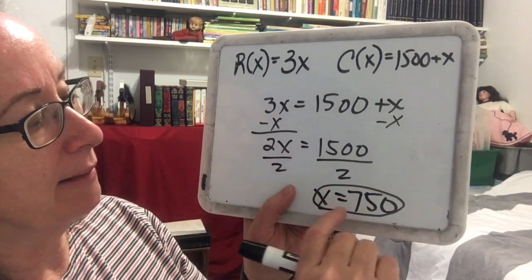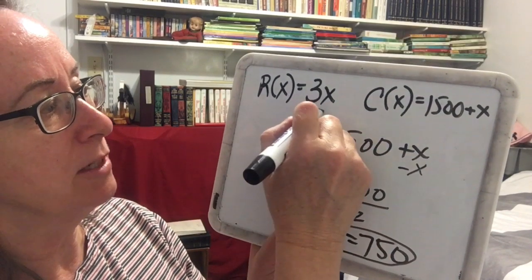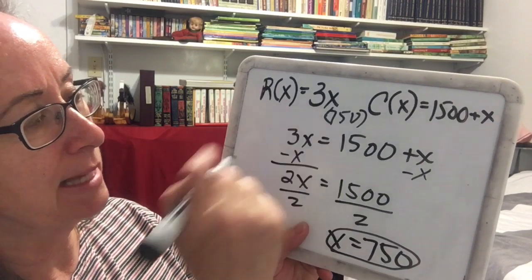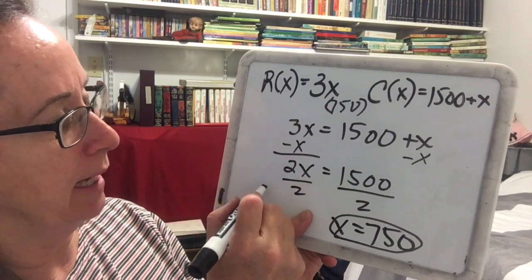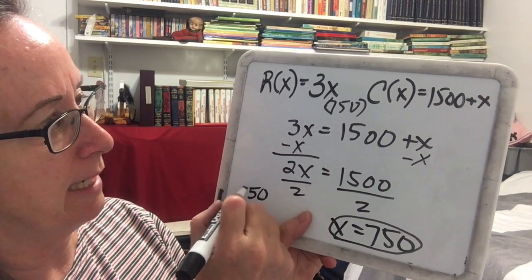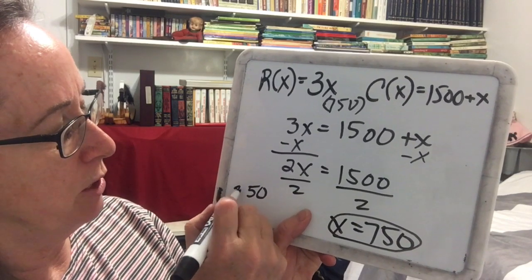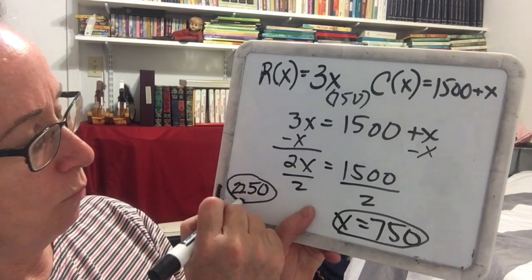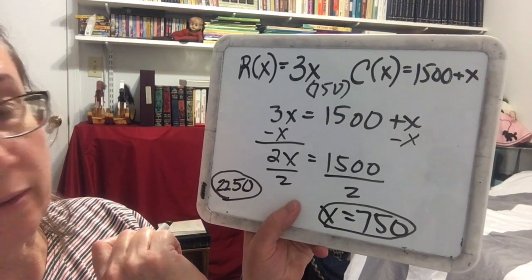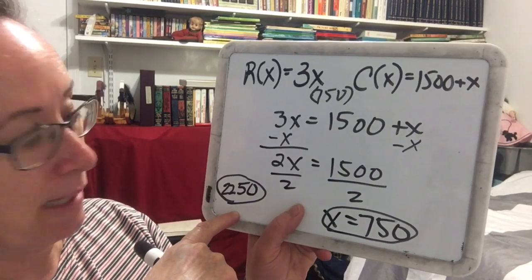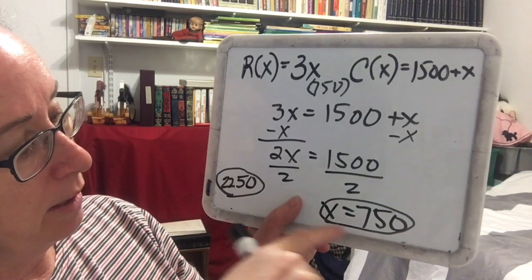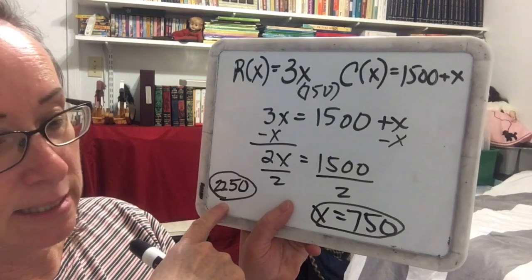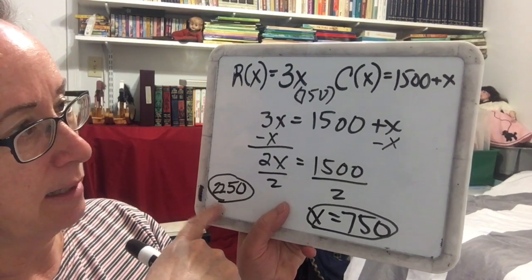And then I have to plug the 750 back into one of the equations. And when I plug 750 in there, I'm going to get 2,250. That would be the amount of money that I would need to break even. So 750, 2250 is the break-even point.